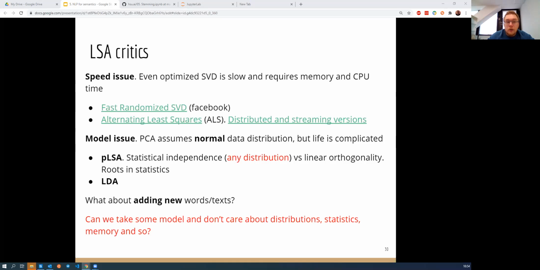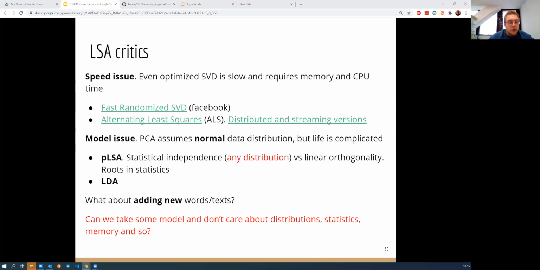That's why there are algorithms which try to speed up the procedure of decomposition. Second, obviously it requires all the data to be used. Okay, so you cannot do SVD without all the examples of the data. Second, that PCA has the assumption about the distribution, saying that the distribution of the initial vectors in the space is normal by some axis.